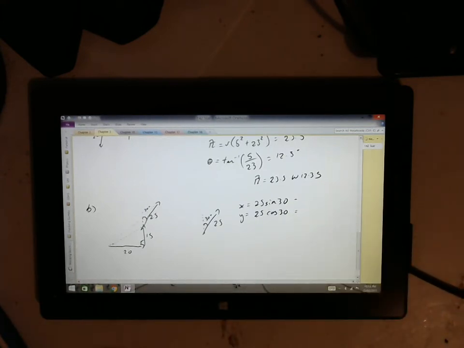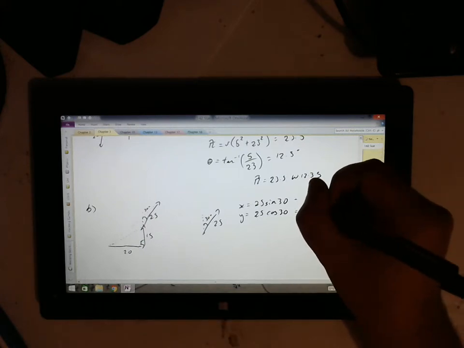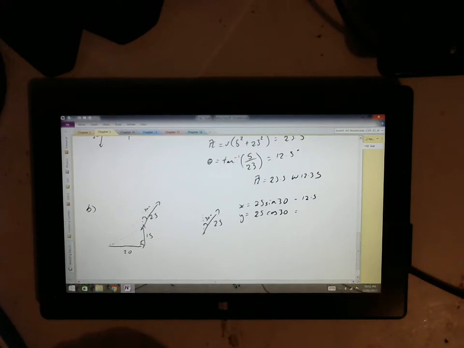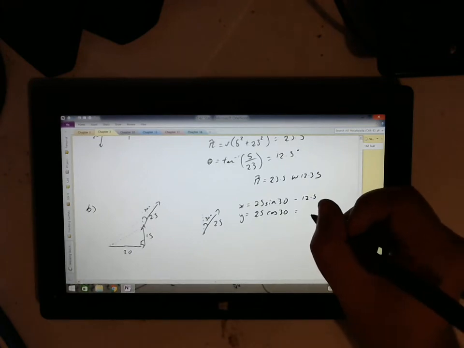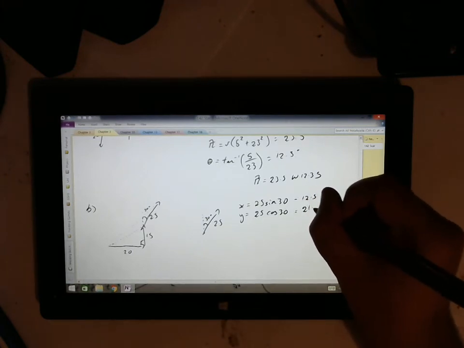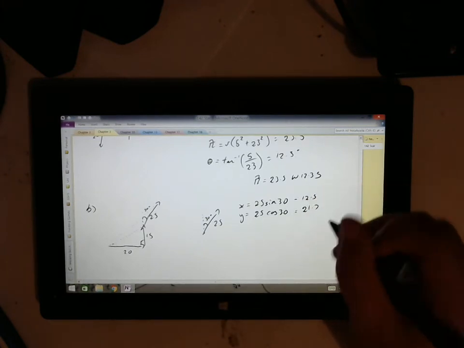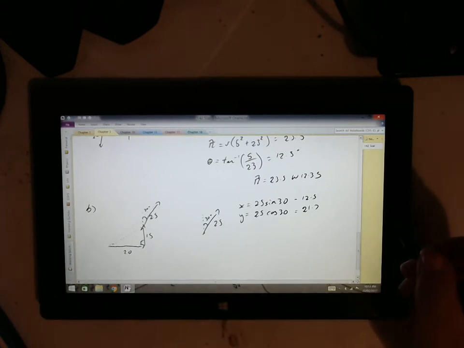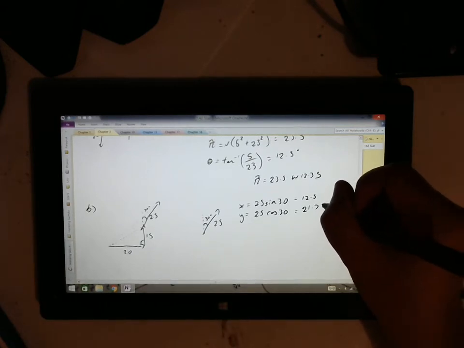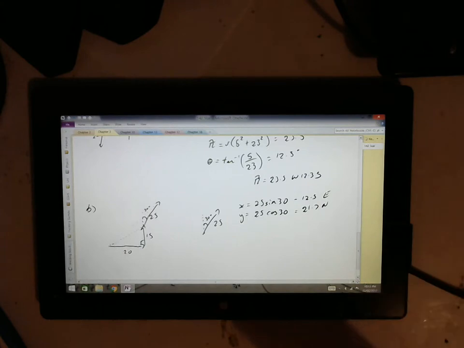Sine 30 is a half times 25 gives me 12.5. Cos 30 is a stupid looking number, times 25, gives me 21.7, just about. So that's how much north there is, that's how much east there is. So let's put them all together.